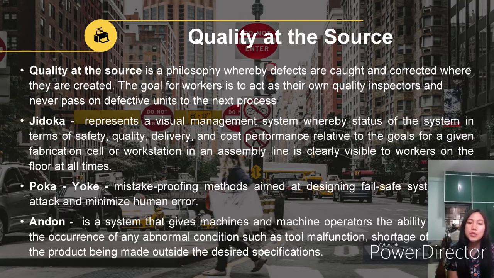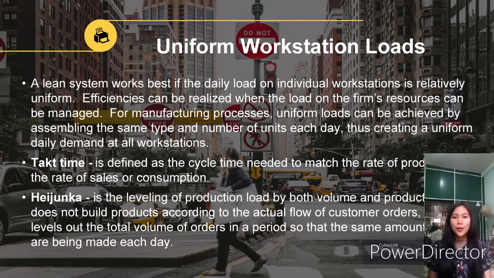It means a visual communication, typically using light to indicate the presence and location of any problem. Uniform workstation loads. A lean system works best if the daily loads on individual workstations are relatively uniform. Efficiencies can be realized when the load on the firm's resources can be managed.